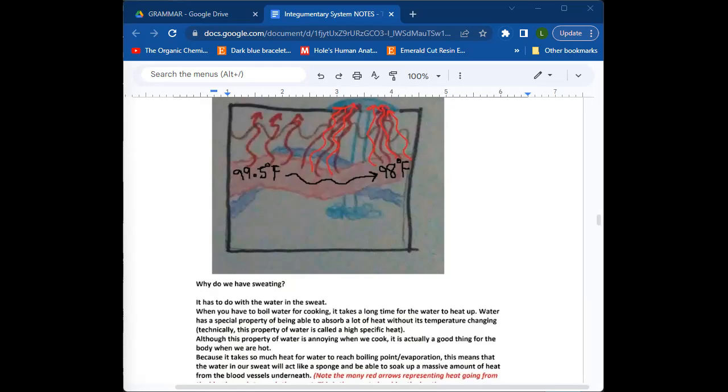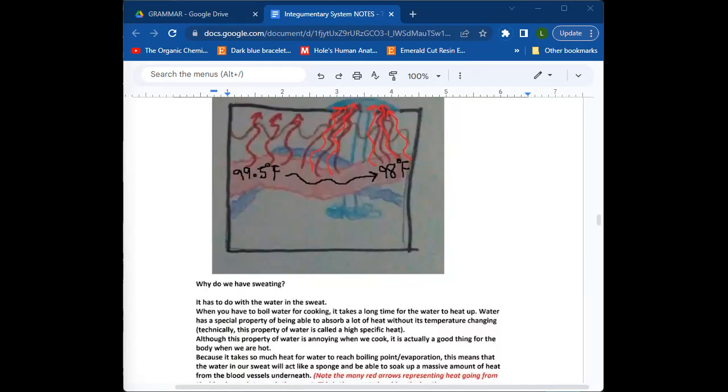And there's a reason for that. Because water has this specific ability to absorb a lot of heat without its temperature changing very much. And that's called having a high specific heat.